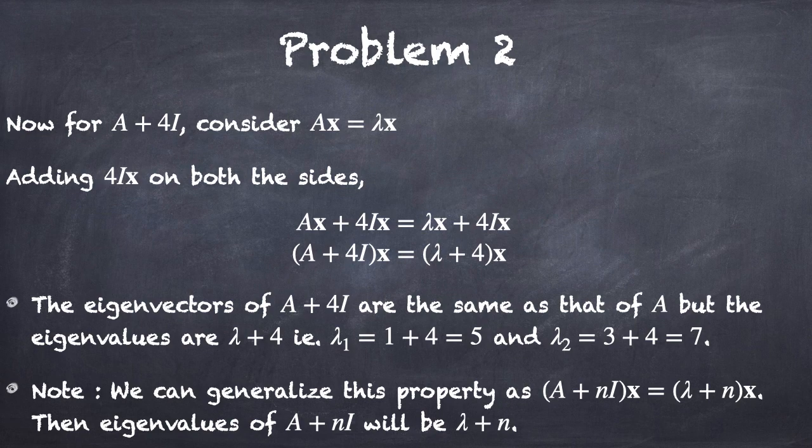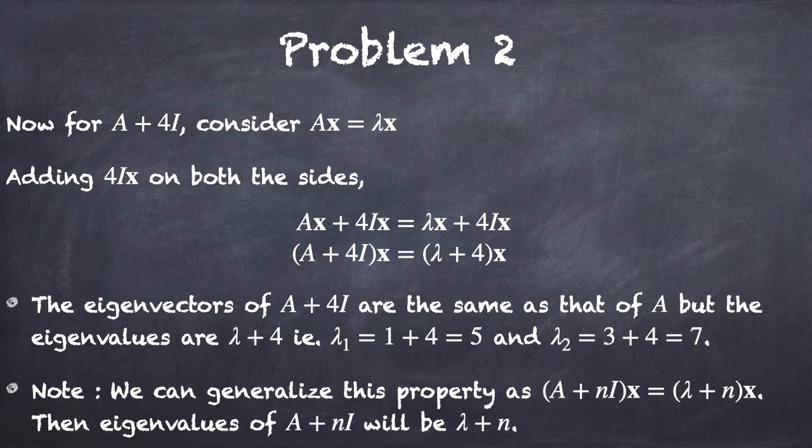On the right hand side, we have already multiplied I with x, making it just x, because the identity matrix times anything gives you that same thing. When we factor out x, we get lambda plus 4. This tells you that the eigenvalue in this case is lambda plus 4, while the eigenvector is the same x.